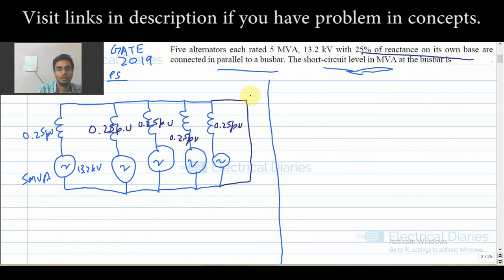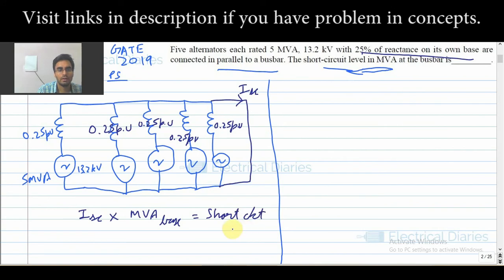Now see the logic for short circuit level: I have to find this current, and then V into I. After finding this current in per unit, I will multiply it by 5 MVA. Okay, so that is the meaning of the short circuit level in MVA. Whenever it is asked, you have to find ISC into MVA base, which will give you the short circuit level.